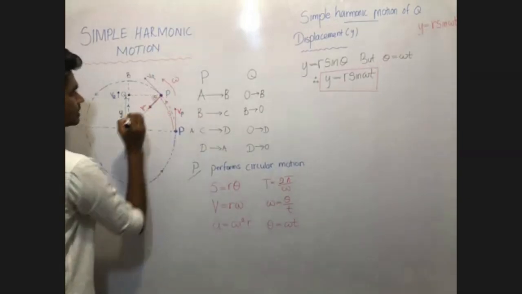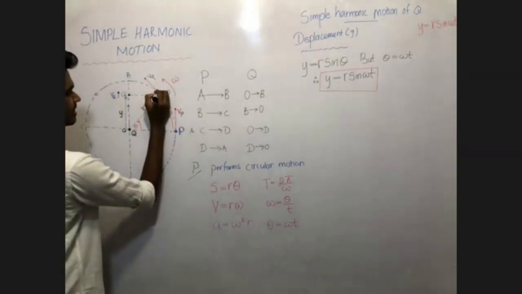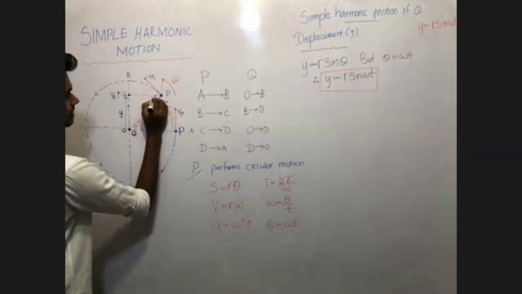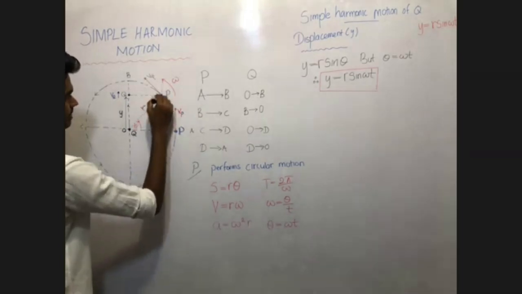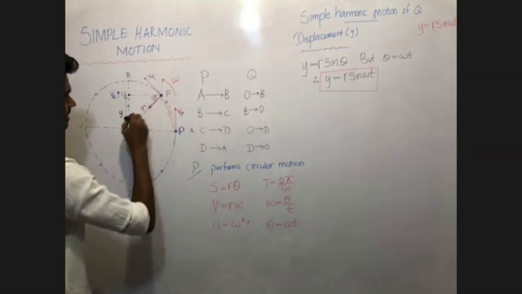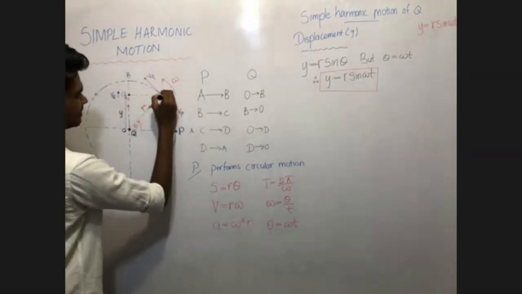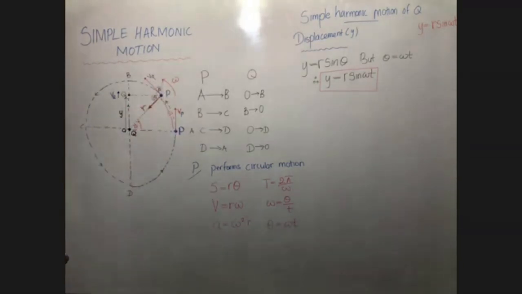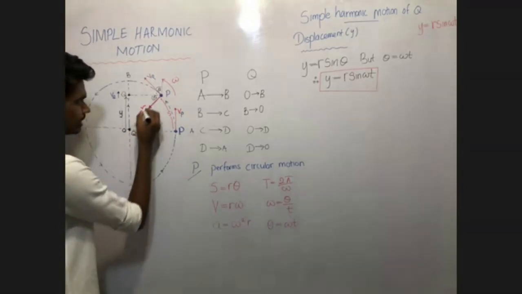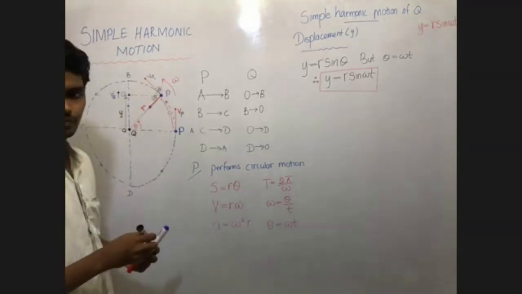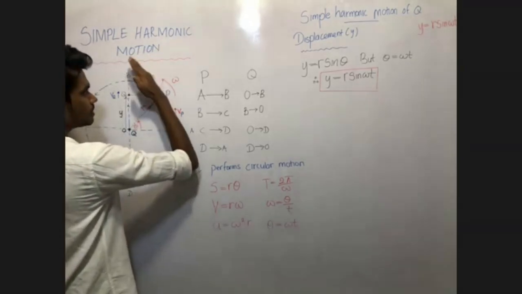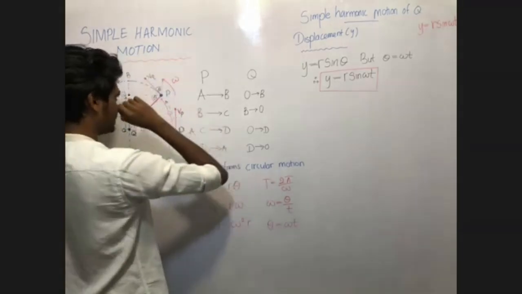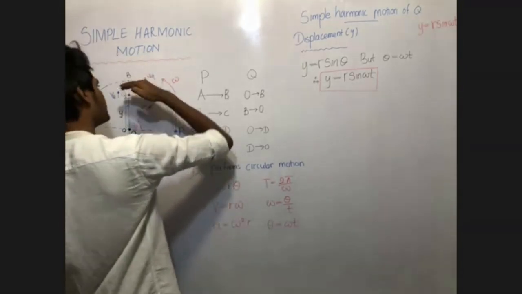This is 90 minus theta. Why? Tangent and radius is always 90 degrees. And then once again vertical, 90 degrees. So if this is 90 minus theta, this is theta. So you can resolve this: VP cos theta, VP sin theta.